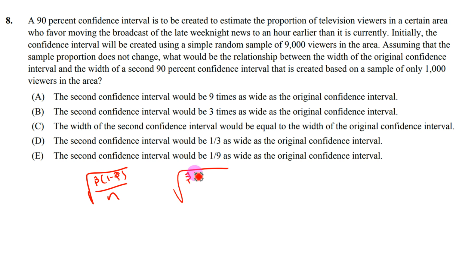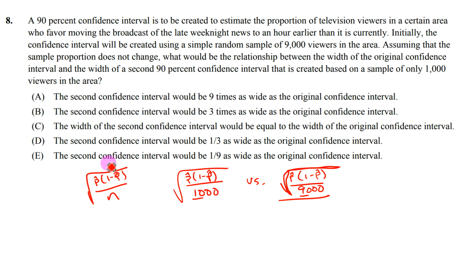P hat, which we don't know what it is, and 1 minus p hat, is not going to really matter. Over 1,000 versus p hat times 1 minus p hat over 9,000, this one is going to be more narrow. It'd be less wide. People always want to say it's 1/9, but we're square rooting it, so it'd be 1/3.